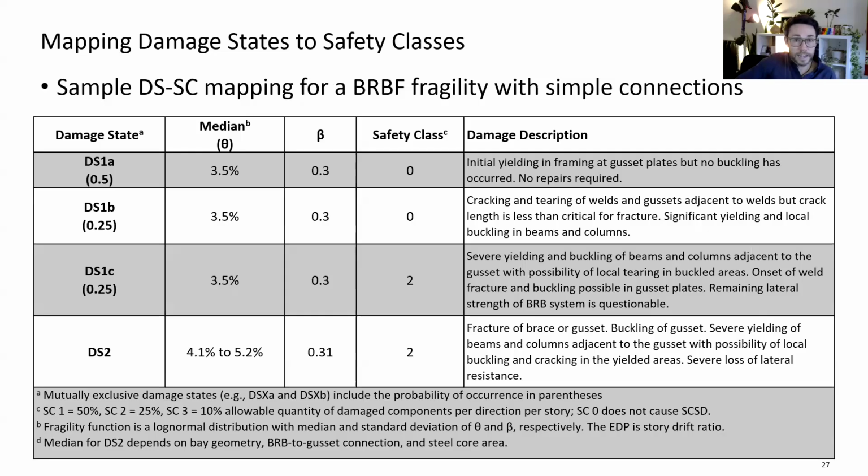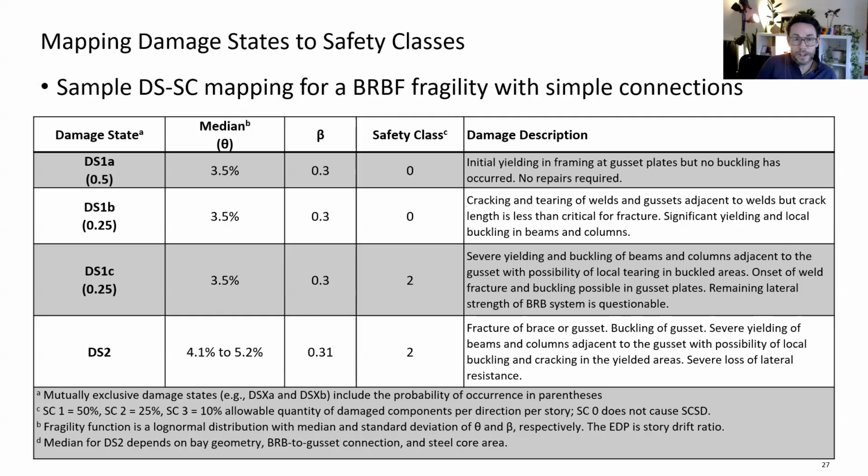Now, in this example, we're mapping damage states to safety classes for one of the components that we've included in the analysis, in this case, a BRB fragility assembly, assuming simple connections. So these fragilities were developed with funding from Corebrace and actually updated as part of the ATC 138 project to reflect the latest testing and design requirements in AISC 341.